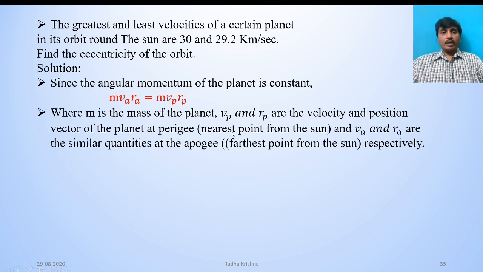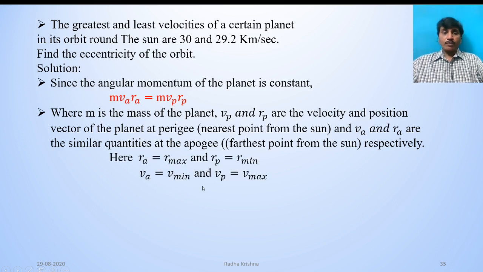Perigee means the nearest point from the Sun, and Va and Ra are the similar quantities at apogee. Apogee means the farthest point from the Sun. Here Ra is equal to R maximum and Rp is equal to R minimum, Va is equal to V minimum and Vp is equal to V maximum.